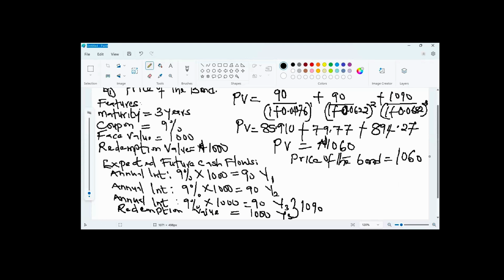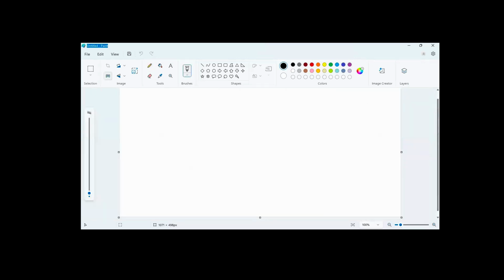We now move to the bond yield. Here on B1, we have yield to maturity, YTM.